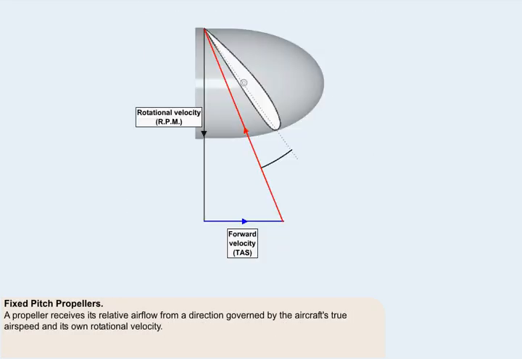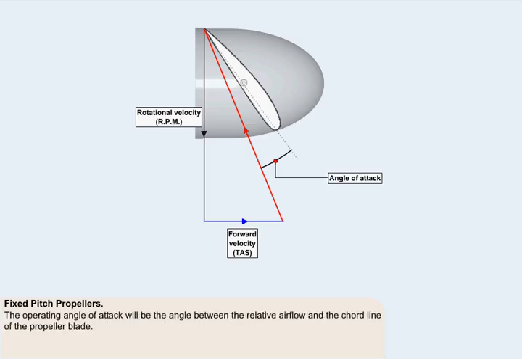We've just seen that a propeller receives its relative airflow from a direction which is governed by the aircraft's true airspeed in the direction of flight and its own rotational velocity in the plane of rotation. The operating angle of attack will be the angle between the relative airflow and the chord line of the propeller blade.